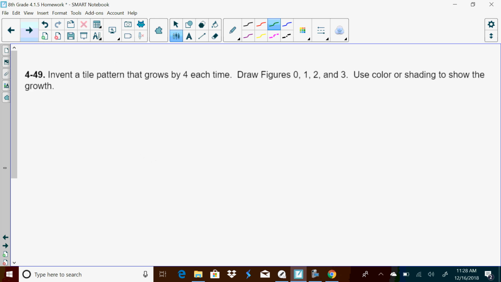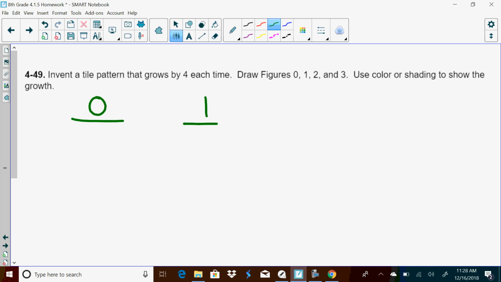Problem number 49, invent a tile pattern that grows by 4 each time. Draw figures 0, 1, 2, and 3. Use colors to show or shading. So I can start my tile pattern wherever I want. So I started it as just 1. So then in my second one, I would have 1 in the middle and then 4 more.